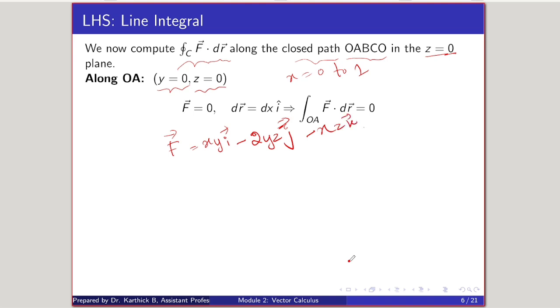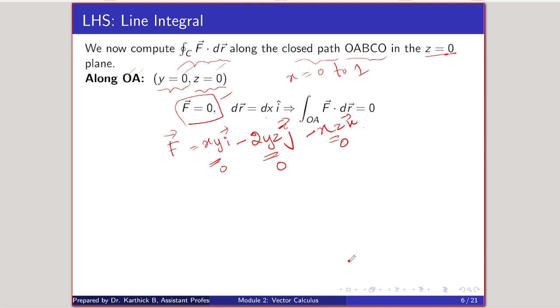So just substitute these values, z equal to 0, y equal to 0. This becomes 0, this becomes 0, this becomes 0. So the whole F vector will be 0. And what is the variable? x is the variable because it changes from 0 to 1. Other than x, y and z are kept constant because at both points O and A we are getting 0. So x is the variable.